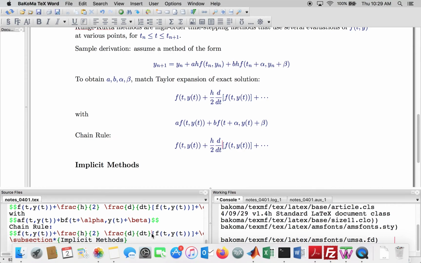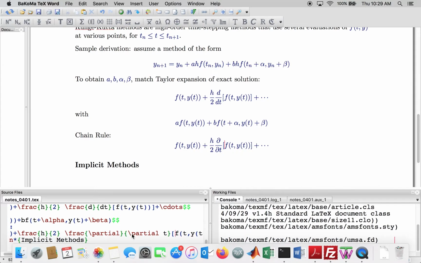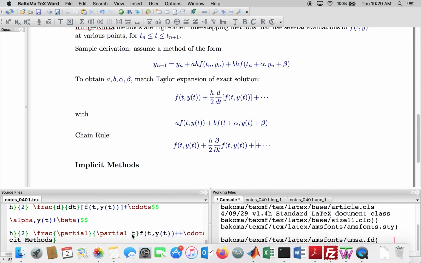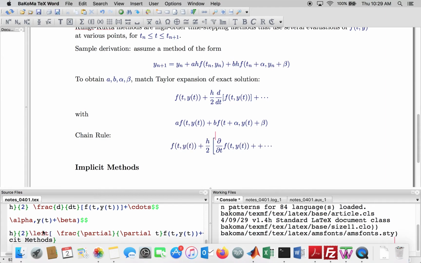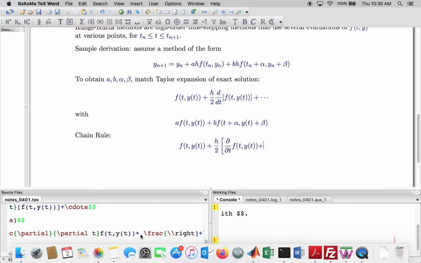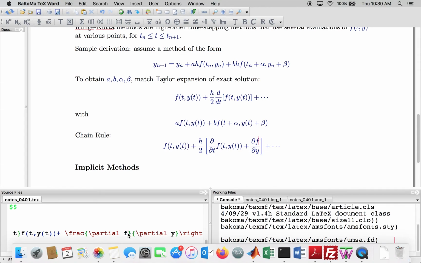So that's going to be the partial derivative with respect to t plus, and all of this is multiplied by h over 2, and I'm going to have partial f with respect to y, f of t, y of t.